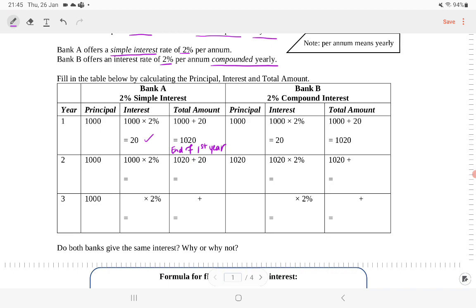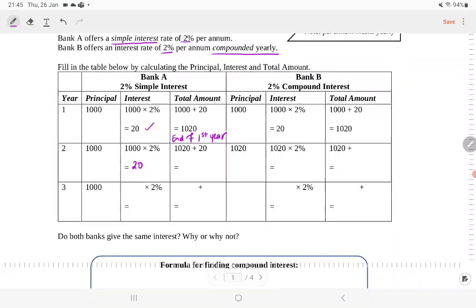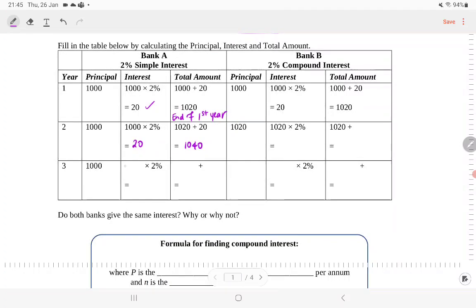Again in the second year, I will times 2% to the $1,000 and get $20 again. So originally we had $1,020, and now we add another $20 more, so that's $1,040.